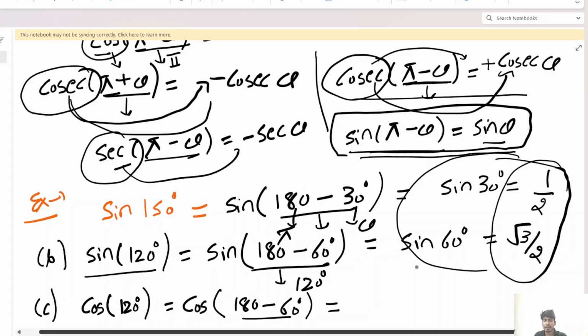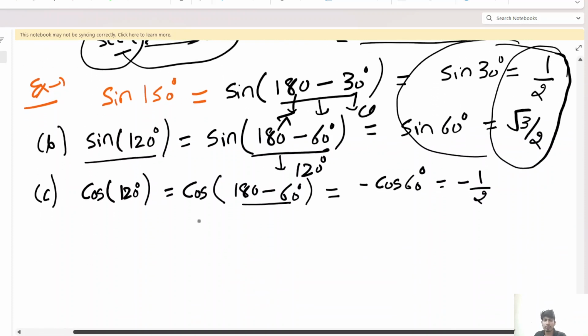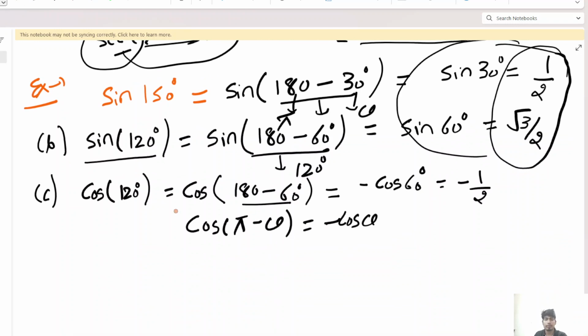Because pi minus theta is in the second quadrant, and in the second quadrant the cos function is negative, so here it is minus cos 60, that is minus 1 by 2. Why this? Because cos of pi minus theta is minus cos theta. This is our key point in this question.